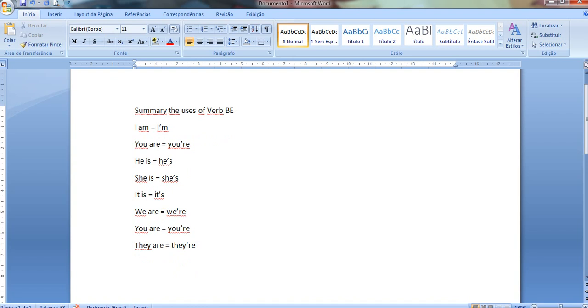So after that, we have to know how to use this form of verb be, and we have some examples in sentence, and we can choose here affirmative forms. Okay, let's use the first form I'm. Okay, the verb be for I is the only.